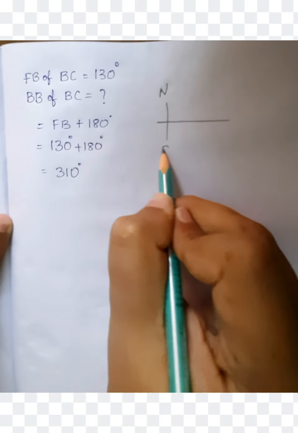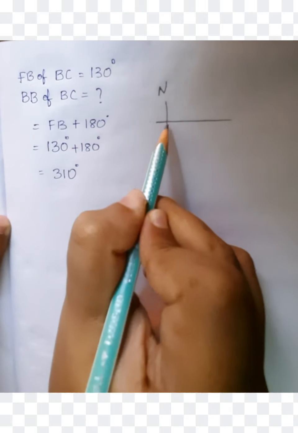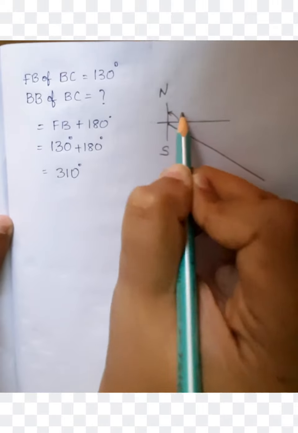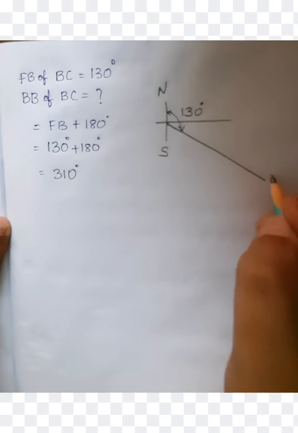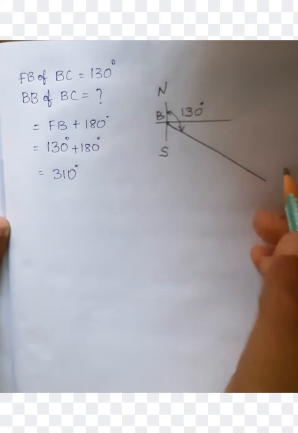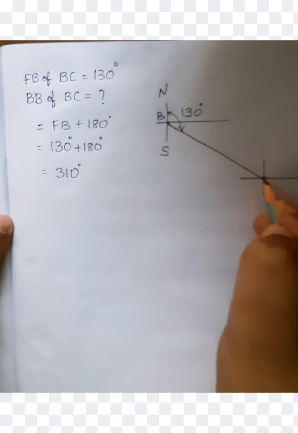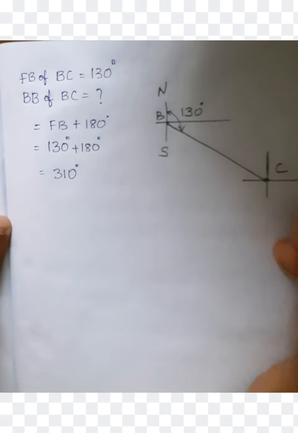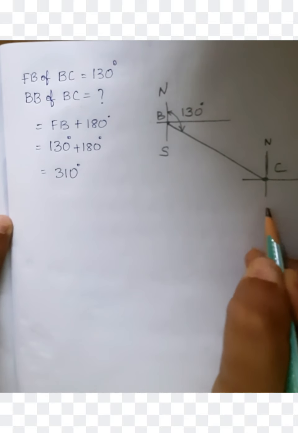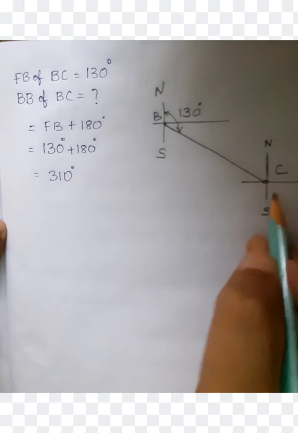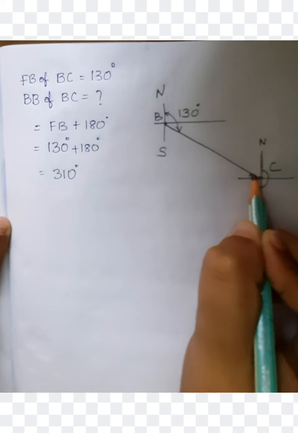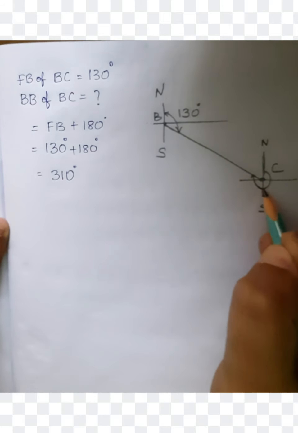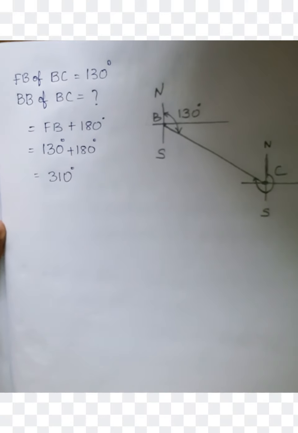If we represent this in a picture, north and south, the fore bearing is 130 degrees, which comes somewhere here. This is B and this is C. Now the back bearing is this one, which is 180 plus this 130, so 310 degrees.